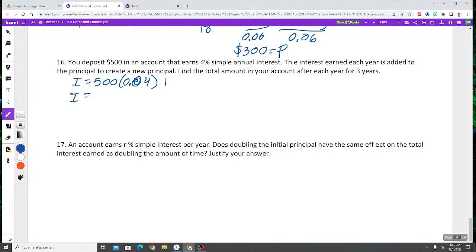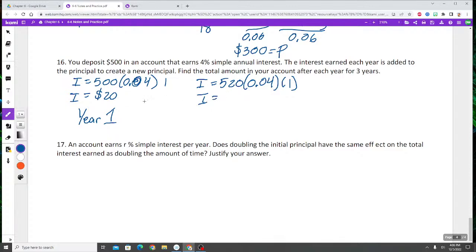So after the first year, it's 500 times 0.04, and we get $20. So this is year 1. So next year, we have $520 times 0.04 for 1 year.